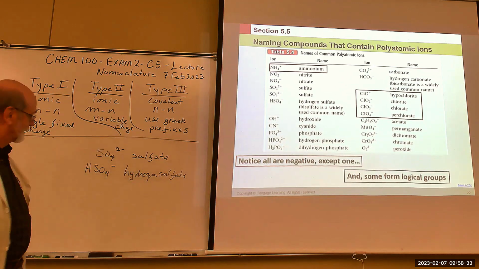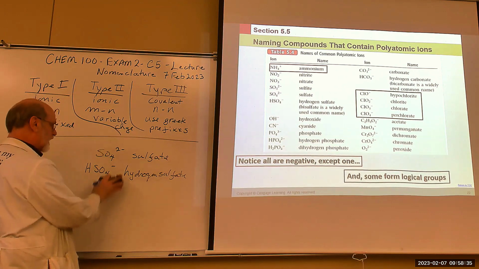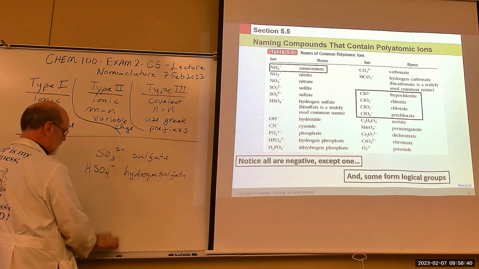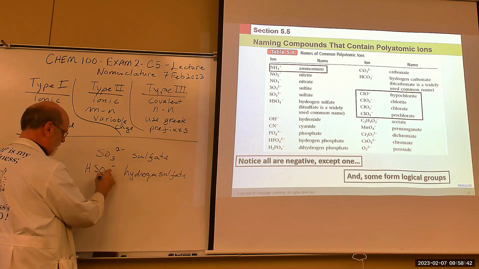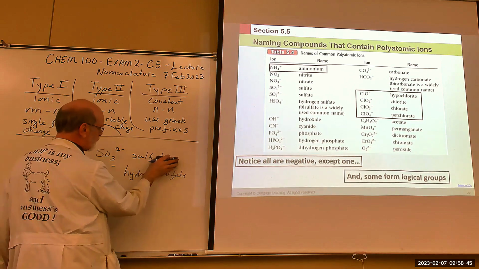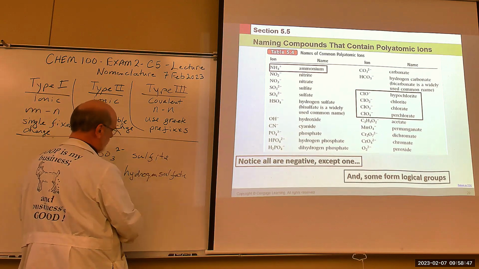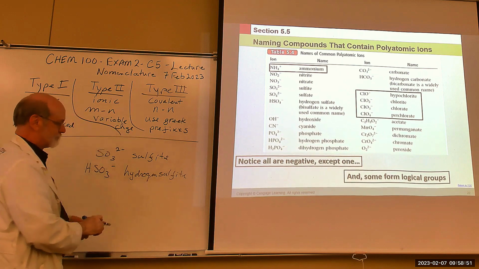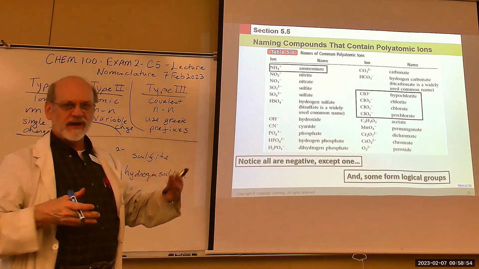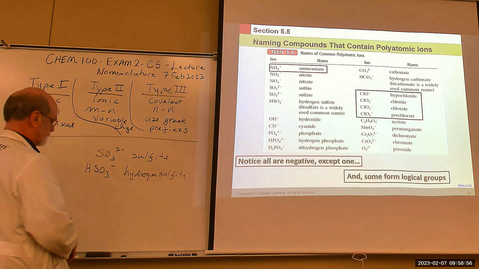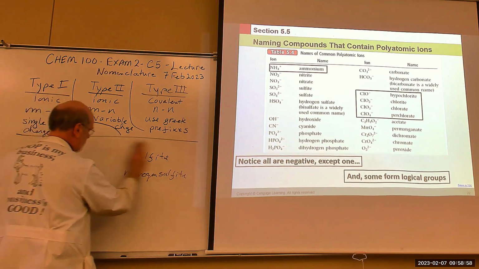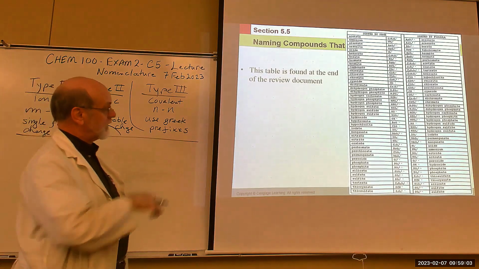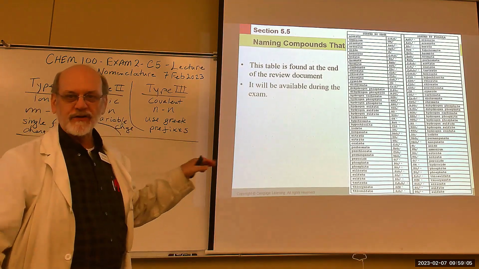But we can also change this to a 3. Now this is sulfite and hydrogen sulfite. So there is sort of a logic to it. All right, there's the complete list in microtype.